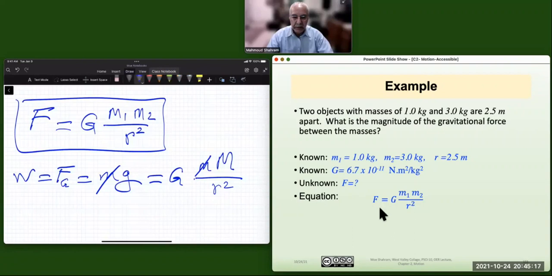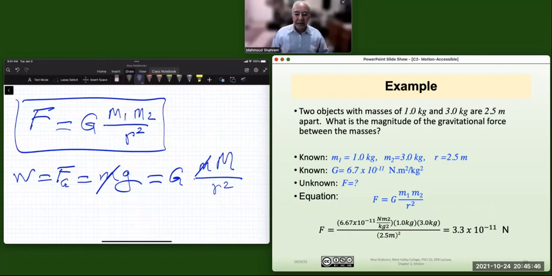You just plug that into this formula. G is this, 1 kilogram, M1, 3 kilograms, M2, R squared is 2.5 meters squared, and you have 3.3 times 10 to the minus 11, a small attraction force.